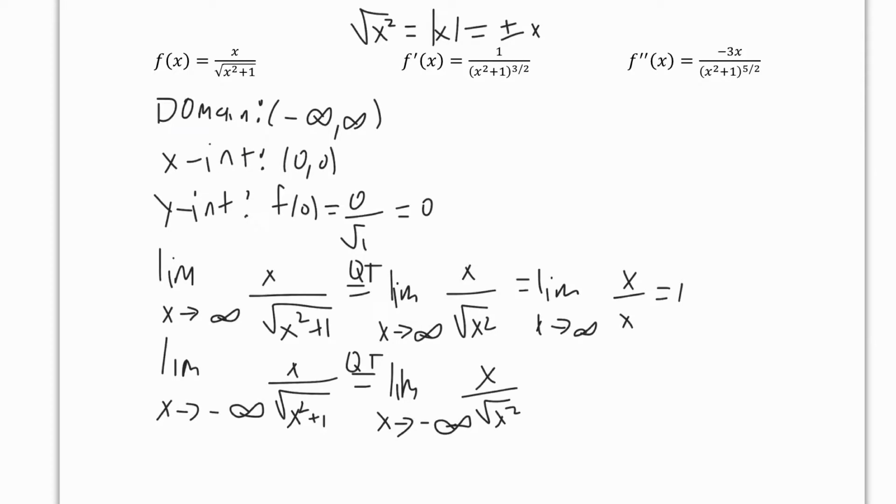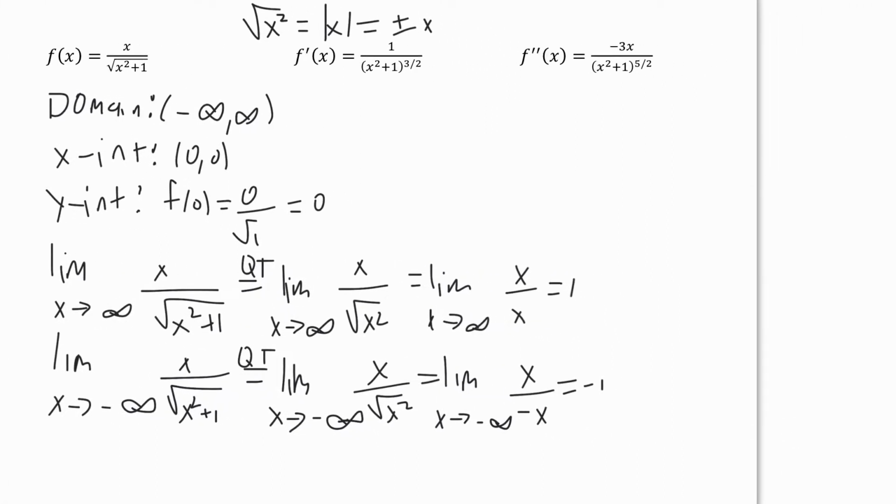And in this case, as x is approaching negative infinity, the square root of x squared gives you negative x, which gives us negative 1. So we actually have not one, but two horizontal asymptotes here. We have a horizontal asymptote at y equals 1, and a horizontal asymptote at y equals negative 1.